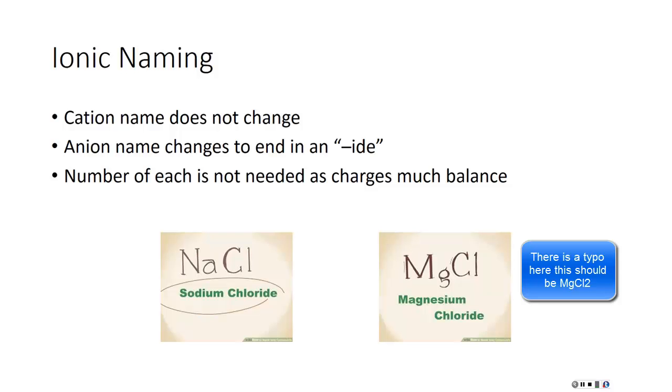Aluminum chloride. SnO2 is going to become tin, and oxygen is going to lose the ending and add an IDE and become oxide. So tin oxide. And over here again, we got chlorine. So it's going to become chloride. So aluminum chloride, tin oxide, lead chloride.